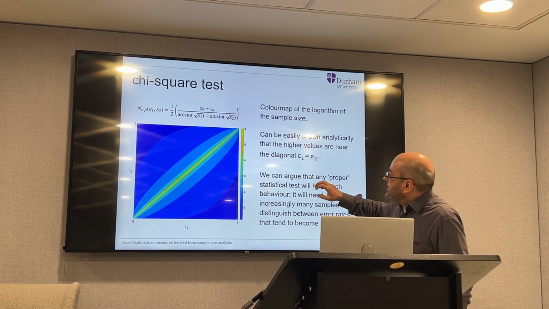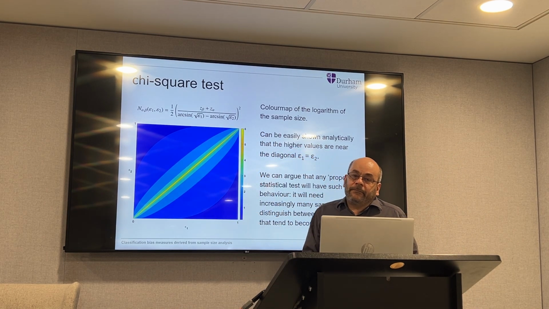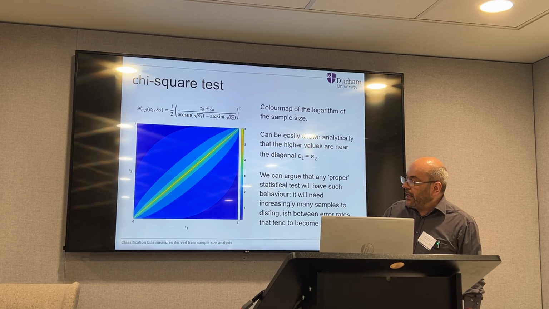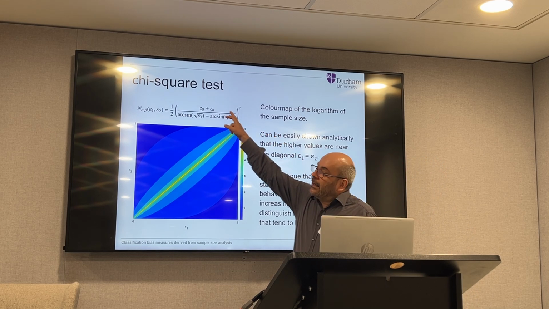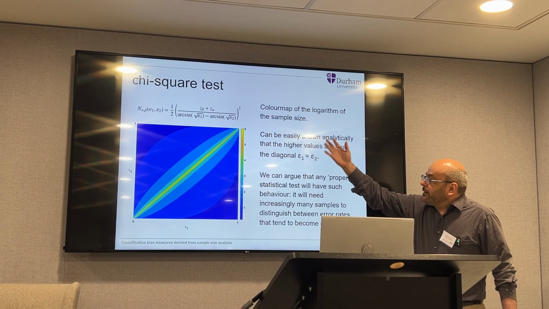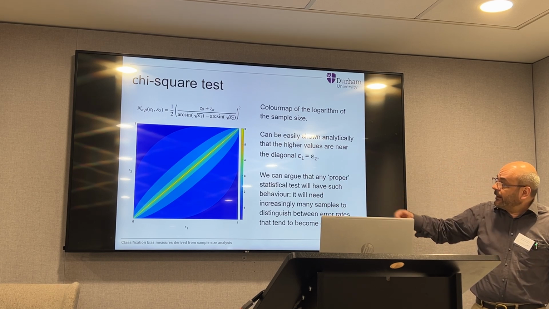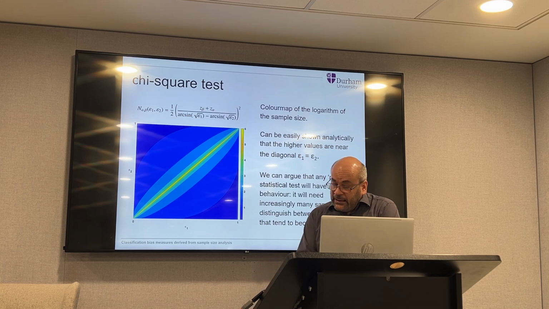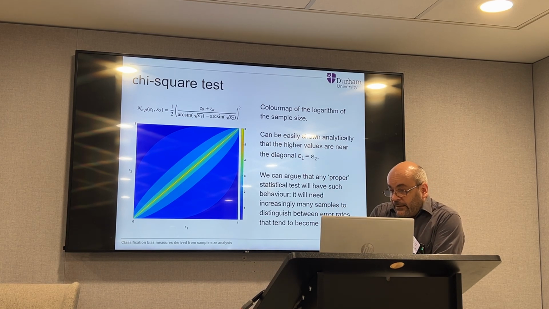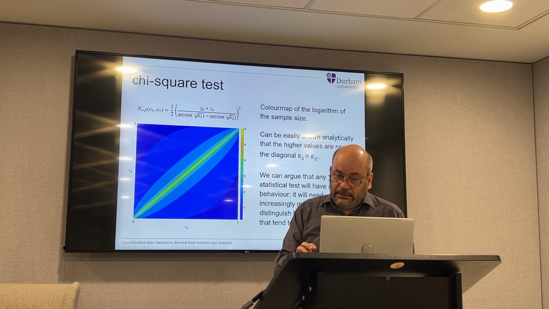What we can say is that in that diagonal the sample size goes to infinity, so the bias goes to 0. If the errors are equal, the bias is 0. We can show this analytically easily, but we can also argue that if I have a statistical test and I want to say two things are apart, and they are very, very similar, I need a very large test set.